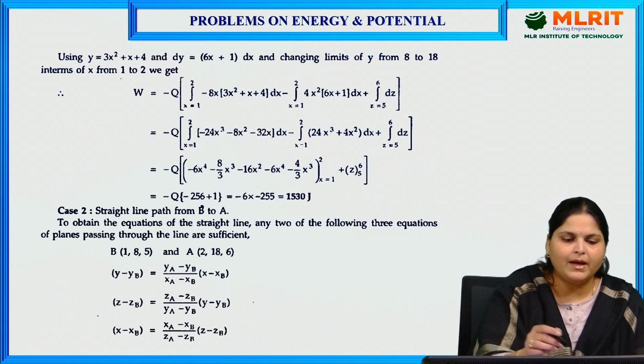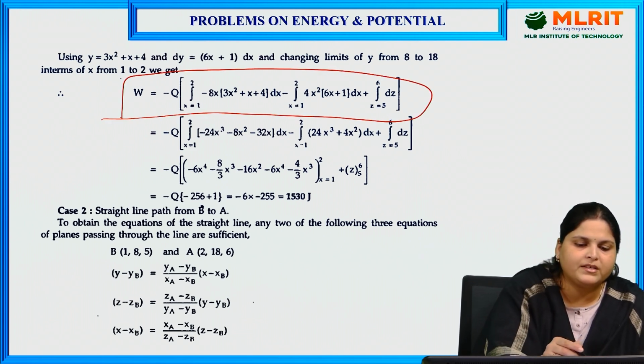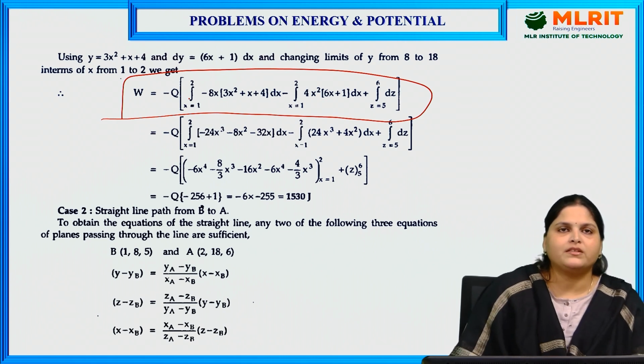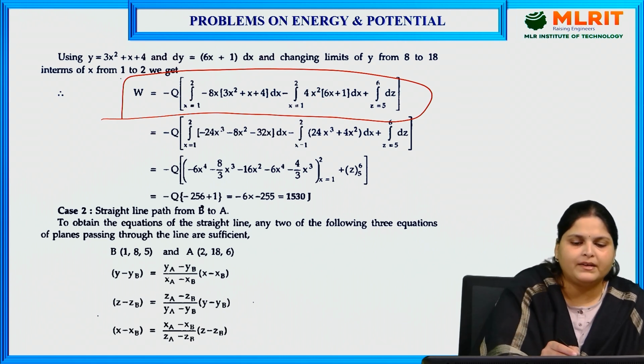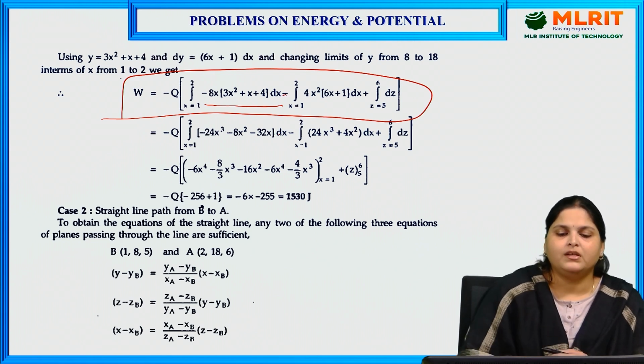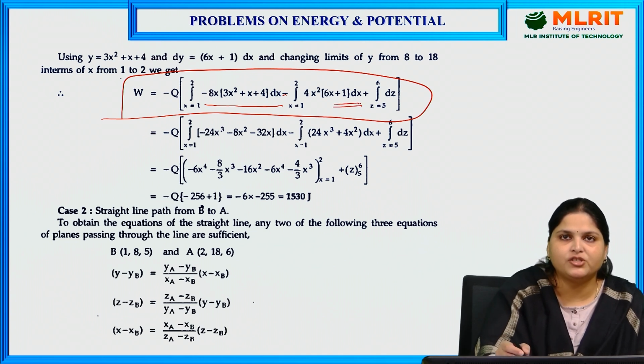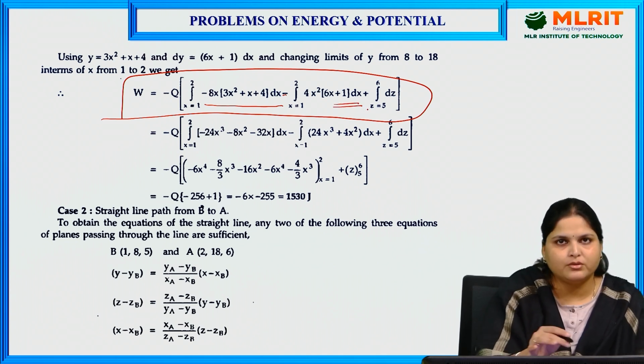So what will happen? Now we are putting everything here. W is equal to minus q, integration of x from 1 to 2 minus 8x into 3x square plus x plus 4 dx minus integration of x from 1 to 2. As I already said, we have changed the integration, that is why the limit is also changing.